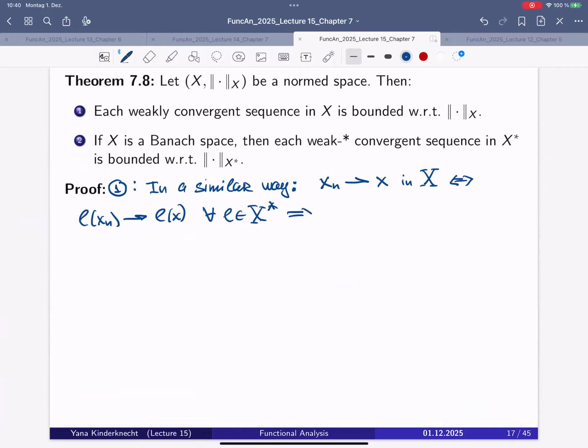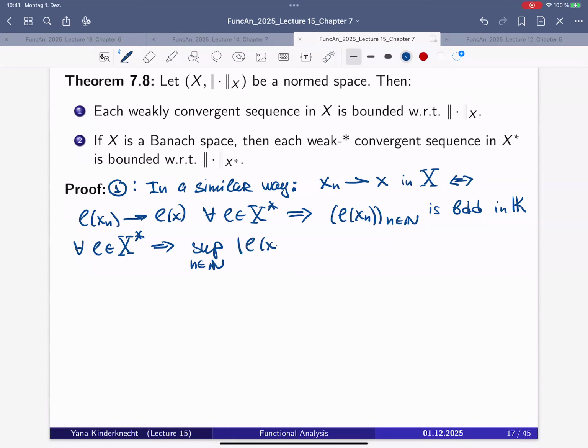But again, what does it mean? This means that the sequence L of x_n is bounded in K for any L from this set. And hence, if the sequence is bounded, we can rewrite it in this way: the supremum over n of the absolute value of L of x_n is finite for any L in X star.